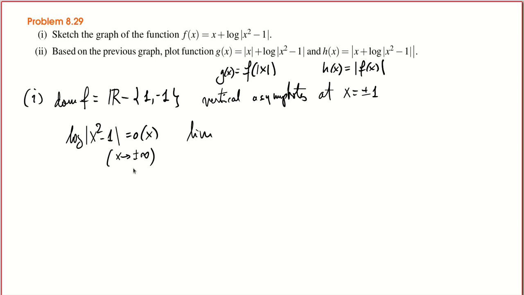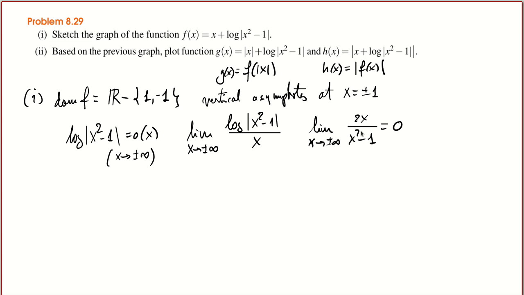The limit of the logarithm of this divided by x when x goes to plus or minus infinity, you can calculate this using L'Hopital. So calculate the limit of the derivative: the derivative of the denominator is 1, the derivative of this is just 2x over x squared minus 1, when x goes to plus or minus infinity. And as you can see, the degree here is 1 unit smaller than the degree here, so this is always 0. So that is negligible, which means that the function f is equal to x plus o(x) when x goes to plus or minus infinity.